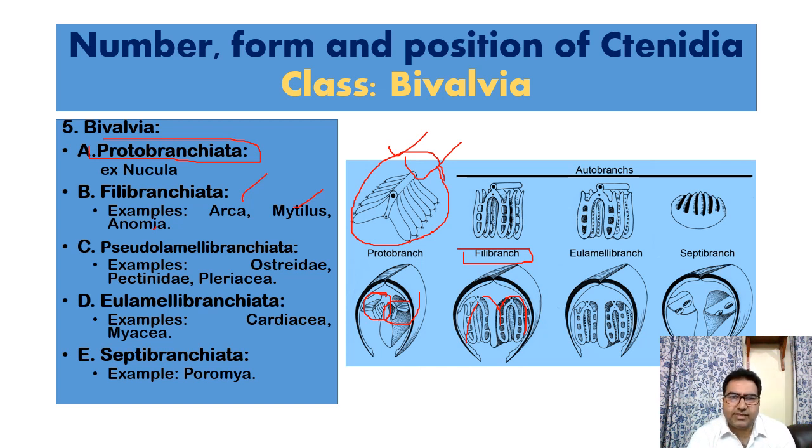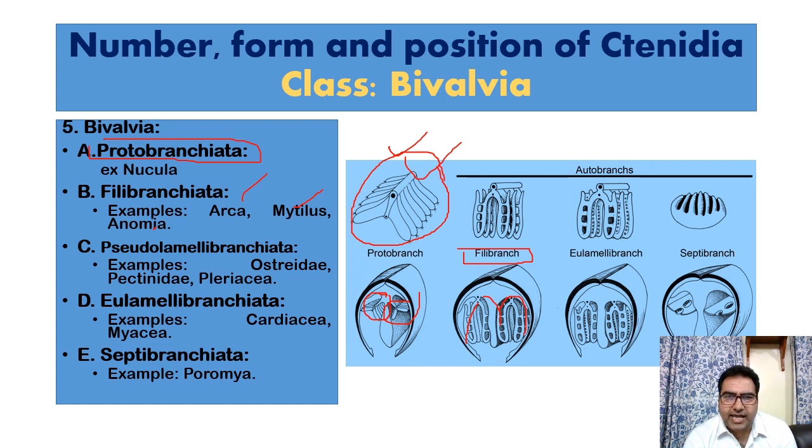So we do have some examples of the Pseudo-lamellibranchiata. In the Pseudo-lamellibranchiata, the reflected dorsal tip of the gill filaments have coalesced laterally with the mantle and mesially with the base of the foot.